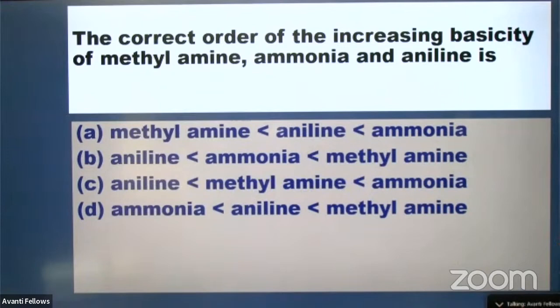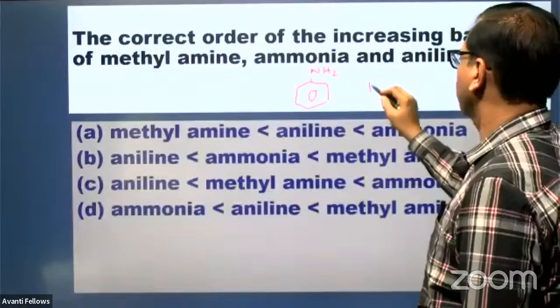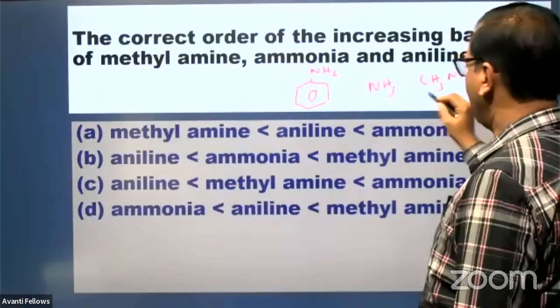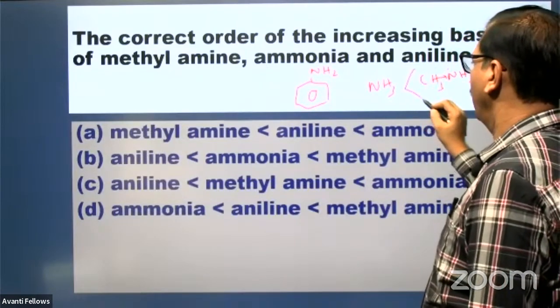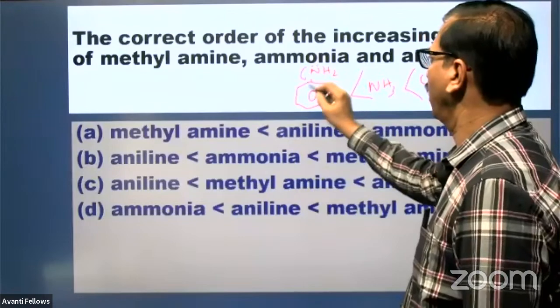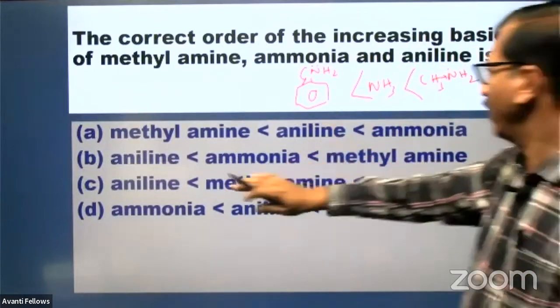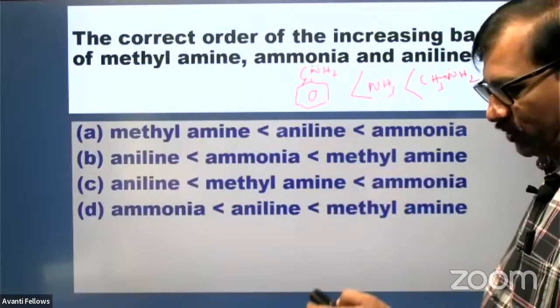Alkyl amines are electron releasing, and the chances of giving the electron are more, so methylamine is most basic. Aniline has no such effect. So in increasing order of basicity, aniline, then NH3 ammonia, then methylamine. B is the option, B is the answer.